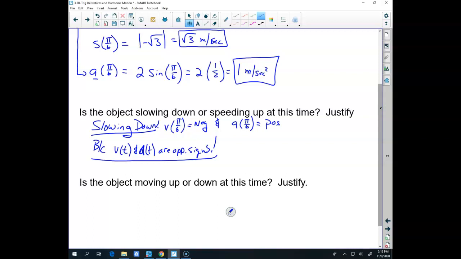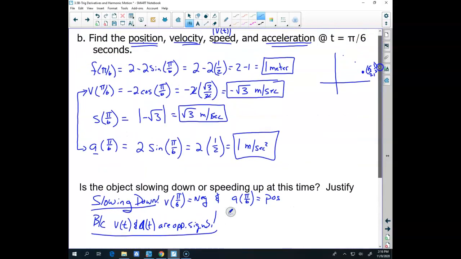Well, I would say pretty simply, it's moving up. And the reason it's moving up, okay, what do I see about v of pi over 6? Well, the velocity at pi over 6 is negative.